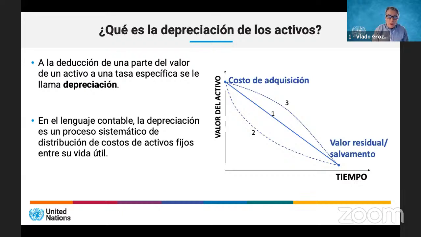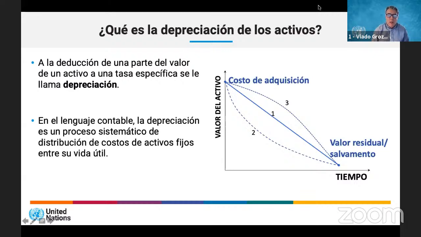Whenever we purchase an asset, for example, as you see in this graph on the right side of the slide, at the beginning of the time we procure the asset, which has value. Over time, because of the use of the asset, it starts depreciating, or losing value.